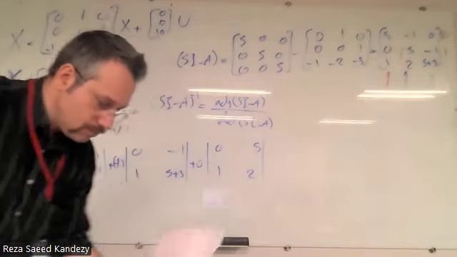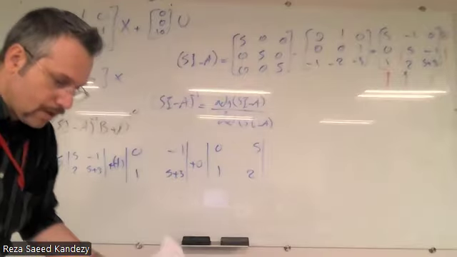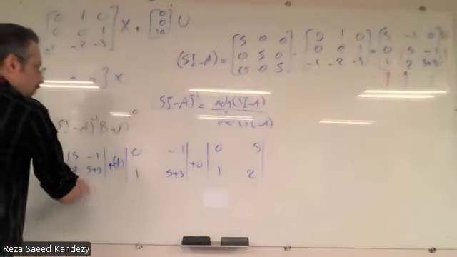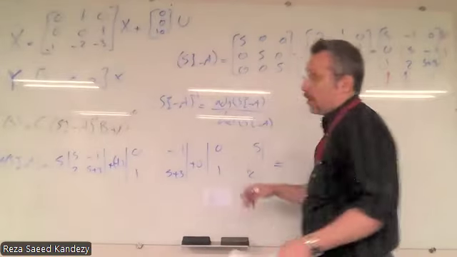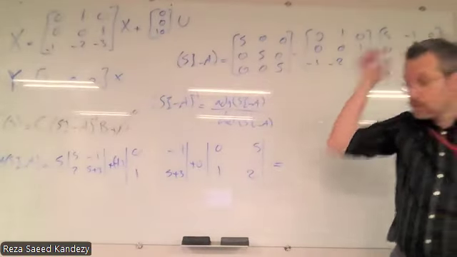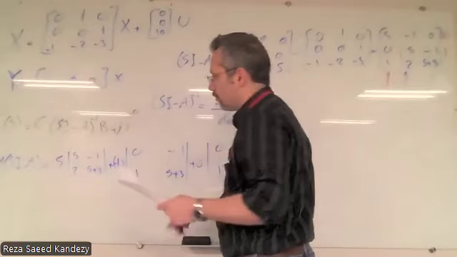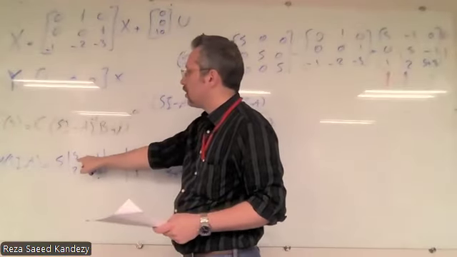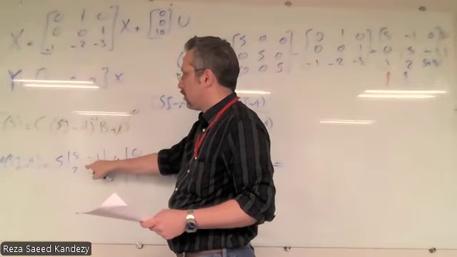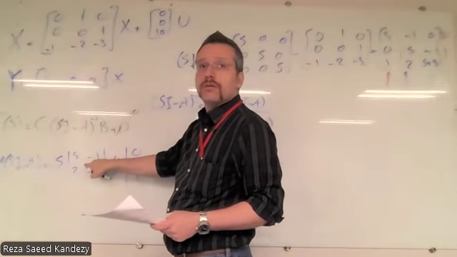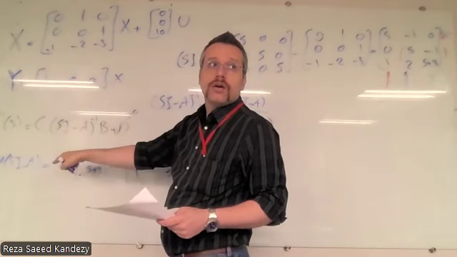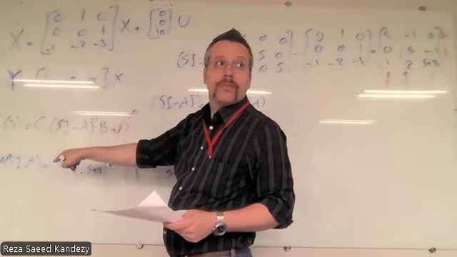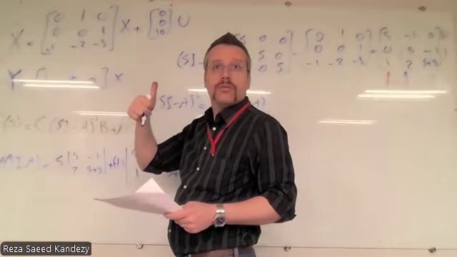Now you know how to run a determinant of a 2 by 2 matrix. So the determinant is going to be the first diagonal multiplied by each other minus the second diagonal multiplied by each other. Are we good?